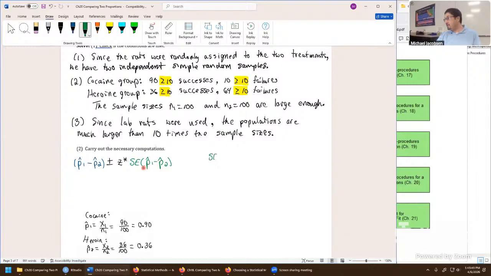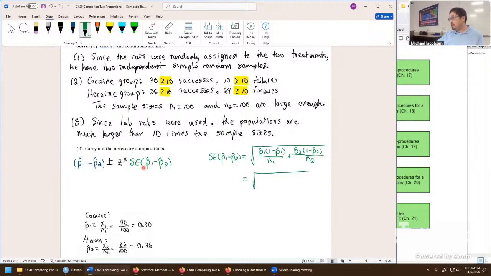By formula, standard error of p hat 1 minus p hat 2 is going to be the square root of p hat 1 times 1 minus p hat 1 divided by sample size n1. Then do it again, p hat 2 times 1 minus p hat 2 divided by sample size n2. And we have our p hat 1, p hat 2 down below on the screenshot we put in.